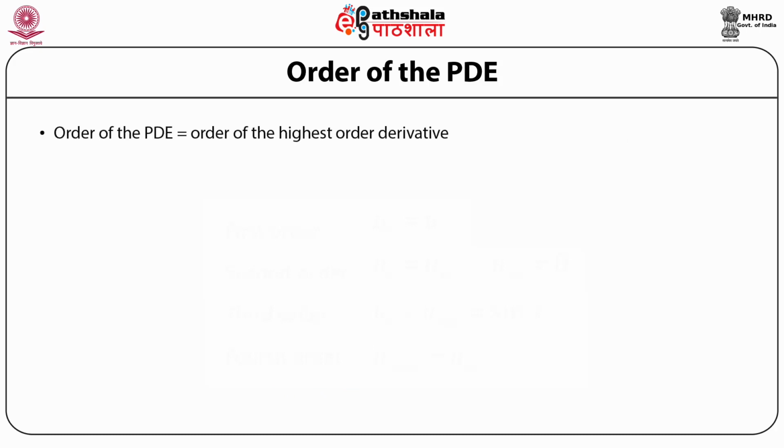We want to find the order of the partial differential equation. Again, the order of the partial differential equation is equal to the order of the highest order derivative. That means the bottom one, ∂x² or ∂y² or ∂x³. If we have u_t, it is going to be first order.